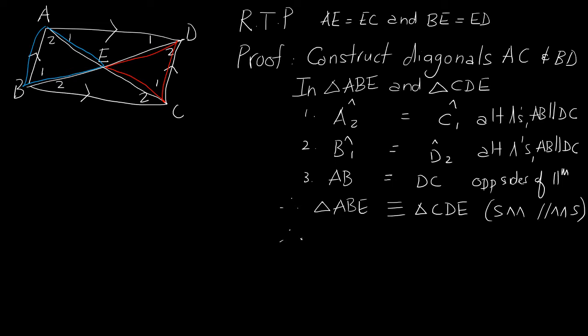Now that we are saying that these two triangles are equal, we can clearly say that BE is equal to ED, and we can say that AE is equal to EC, and they basically proved what we had to do right at the top.